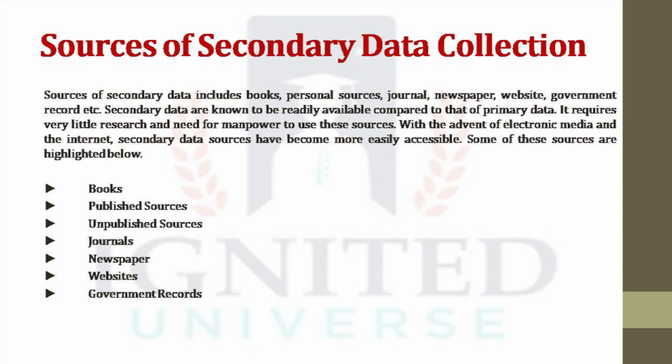Then it can include the sales data, that is of different forms. That can be cash register receipt, that can be salesperson's call records, that can be sales invoices. Then financial records and sales reports are internal sources of data.